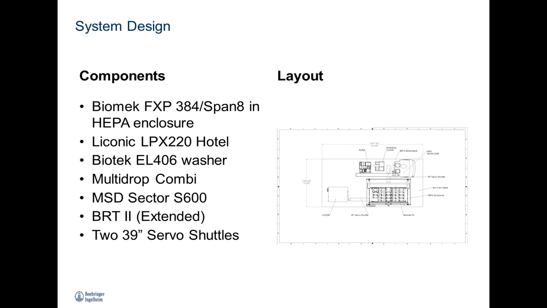The components of this Skynet platform: we have a Biomek FXP dual arm hybrid, so it's a 384 multi-channel head and a Span-8 inside of a HEPA enclosure. A Liconic LPX220 ambient hotel, a BioTek EL406 plate washer, a MultiDrop Combi, the MSD Sector S600 reader.